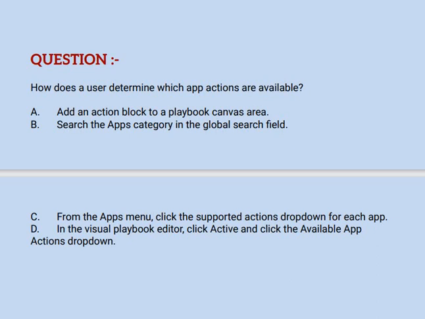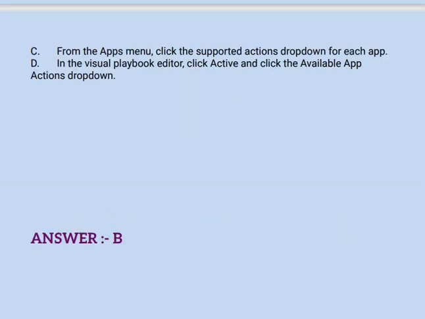Option C: from the apps menu, click the supported action drop down for each app. And option D: in the visual playbook editor, click active and click the available app actions drop down. The correct answer is option B.